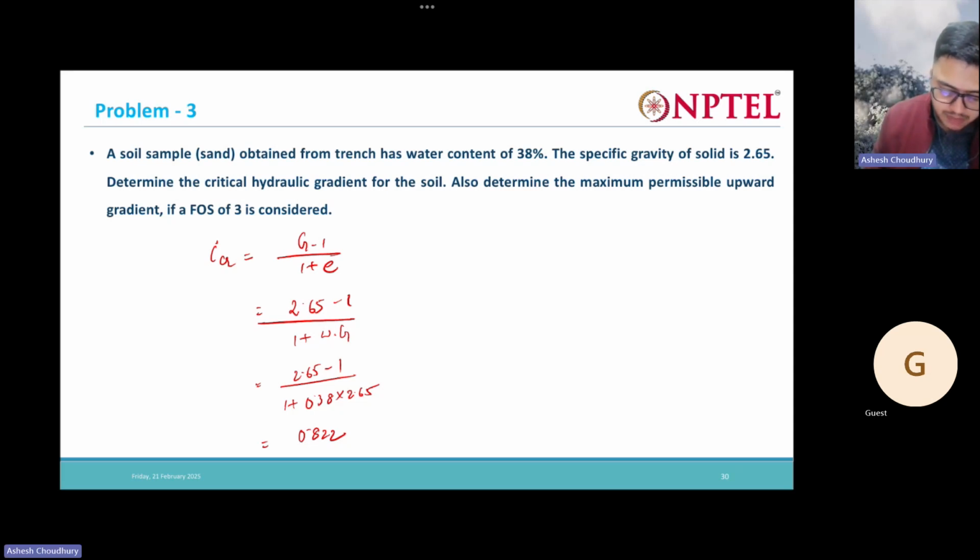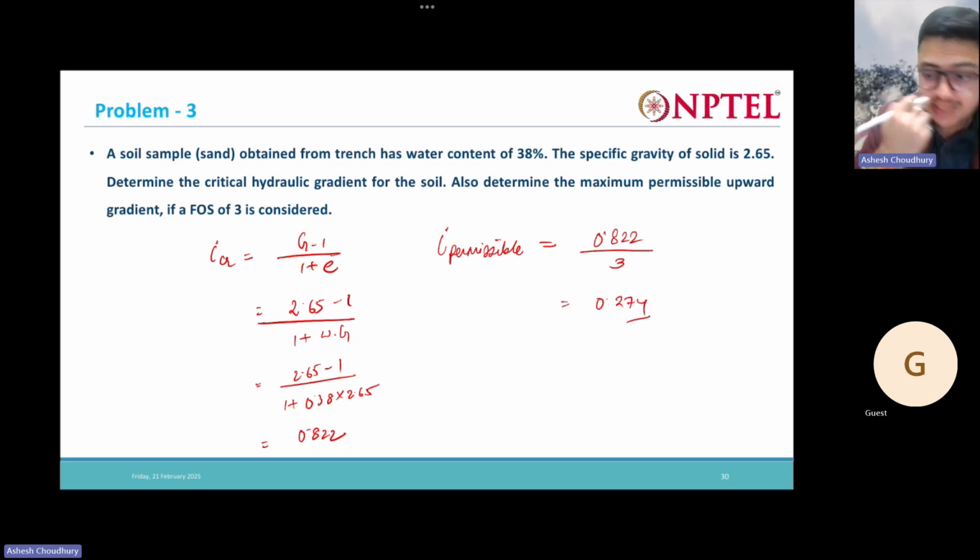So maximum permissible is 0.822 by 3, which is 0.274. So maximum this much upward gradient we can allow, considering the factor of safety.